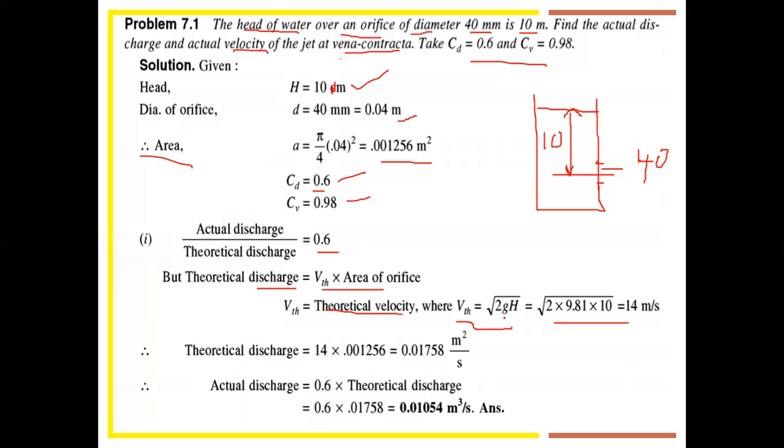Now the theoretical discharge is 14 into the area, 0.001256, which is 0.01758 meters cube per second. Then the actual discharge is 0.6 into the theoretical discharge, that is 0.6 into 0.01758, which is 0.01054 meter cube per second.